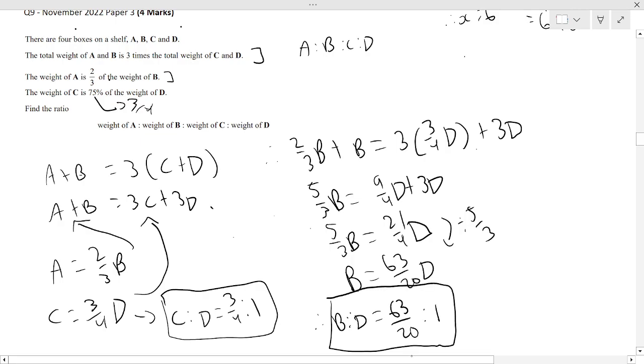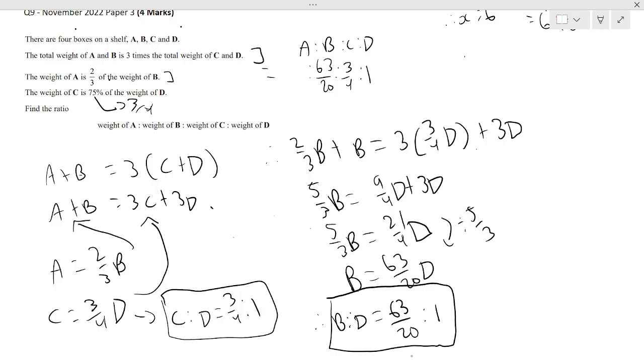So we know this ratio is going to look like 1 to 3 over 4 to 63 over 20. Now we need something for a. The only thing we have for a really is 2 over 3 lots of b.